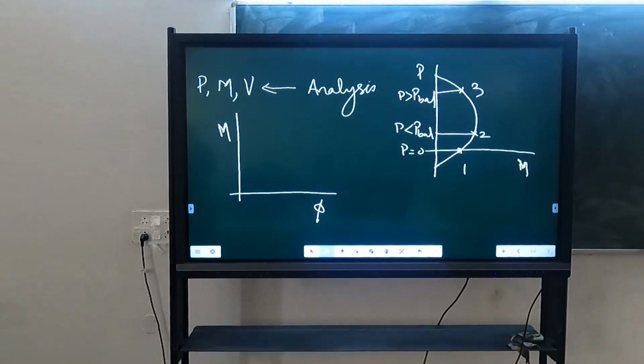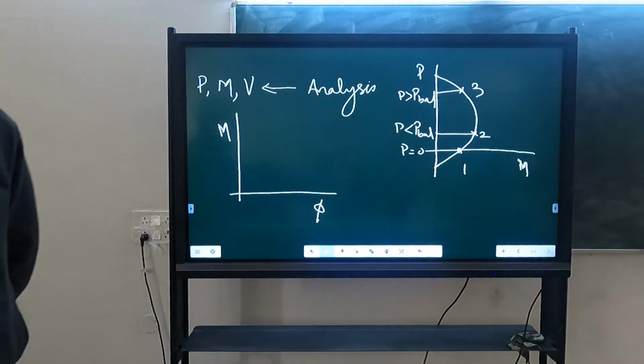You have to think about stiffness, whether the stiffness in the 3 cases will be same, then strength, and then ductility. So these 3 parameters should be reflected in your plot.